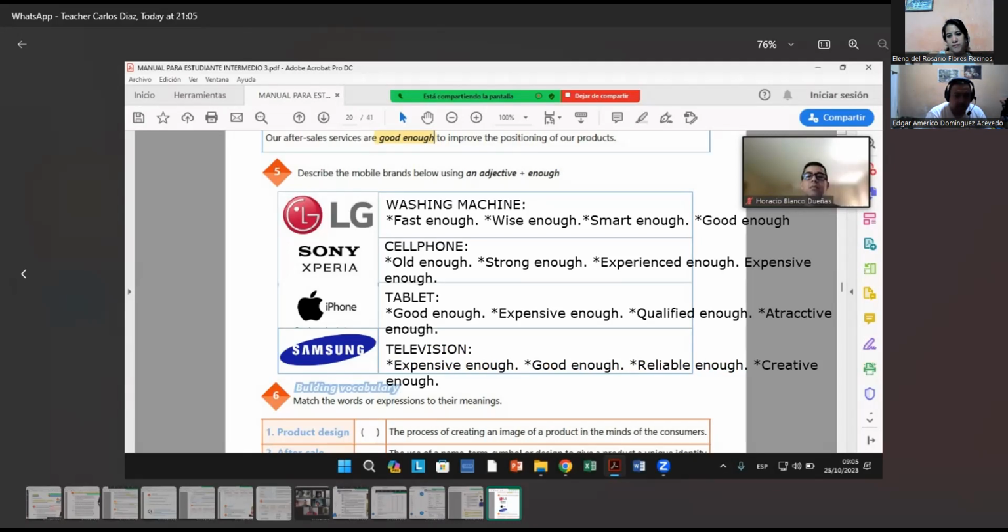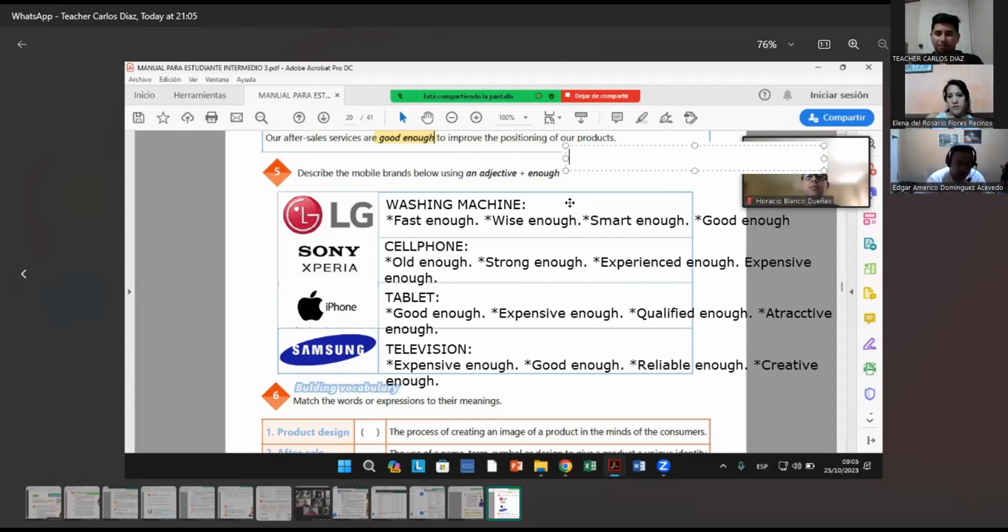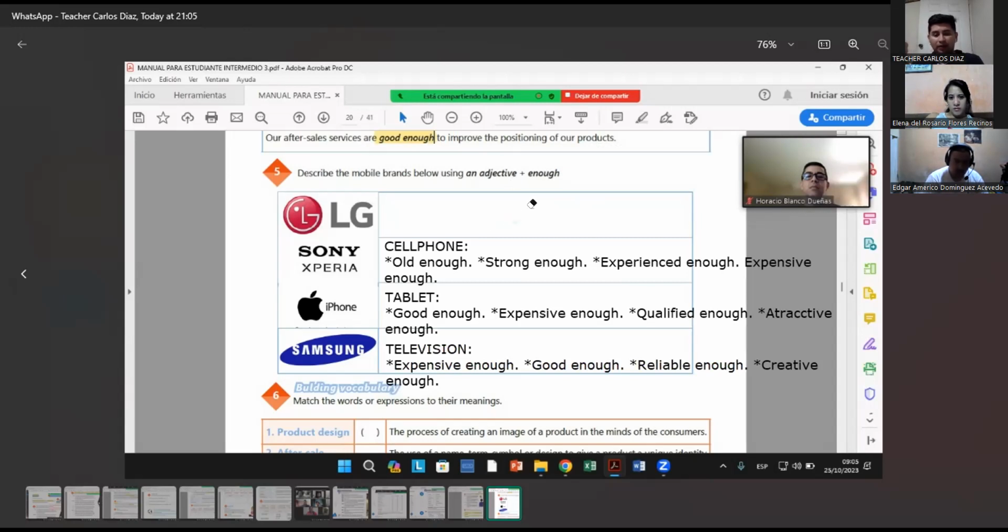Maybe wise enough is similar to smart enough. It's the same thing. Remember that wise can be used with people. I can say Lenin is wise enough to understand the problem.